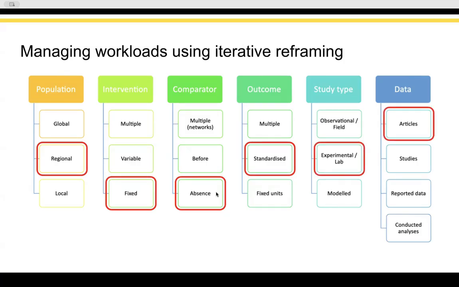And in this case, we might decide to focus on existing systematic reviews to clearly boundary our systematic review around a question that we know is going to be manageable.